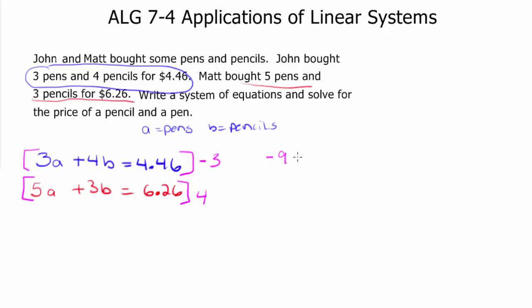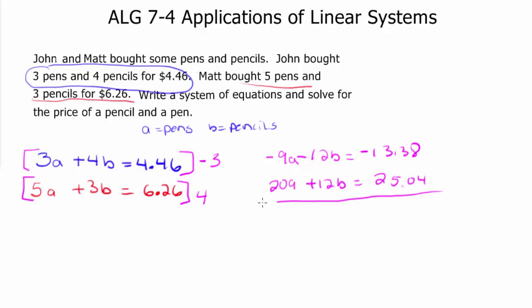Okay, so -9a minus 12b equals, and then 4.46 times -3 is -13.38. And then over here, oh, this is 9a, I forgot my a. This is 20a plus 12b equals 6.26 times 4, which is 25.04.